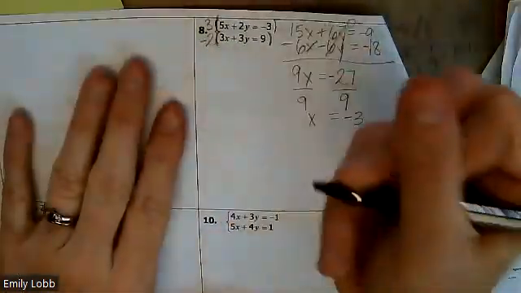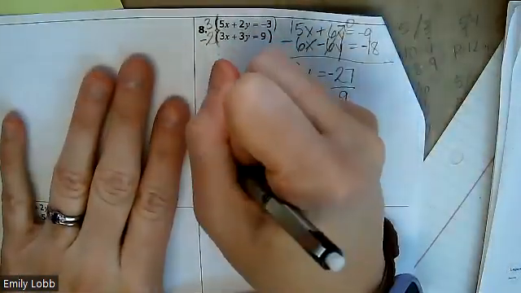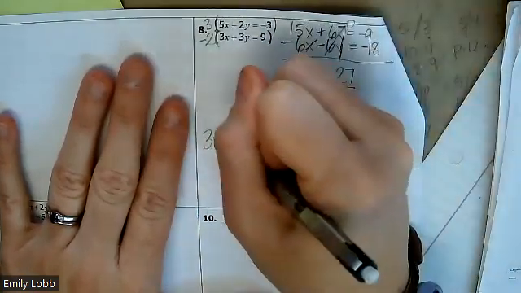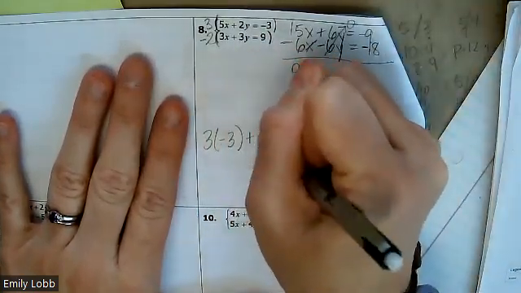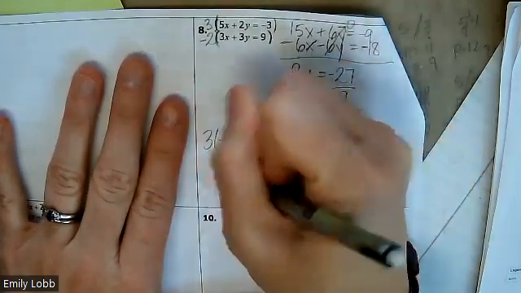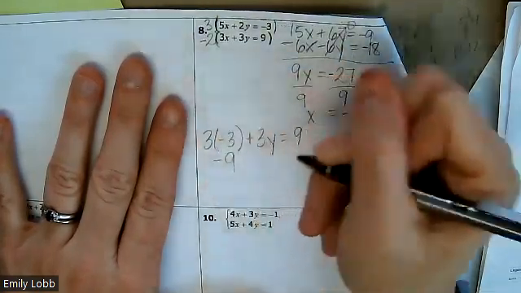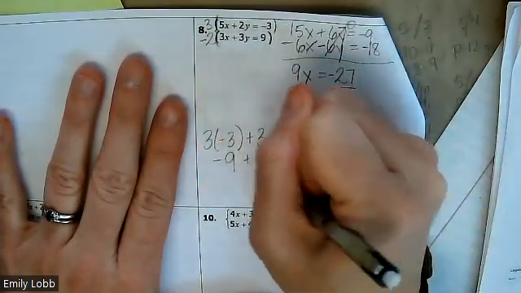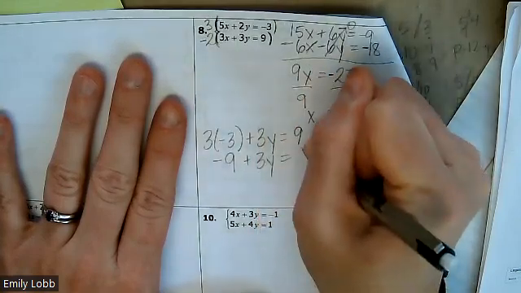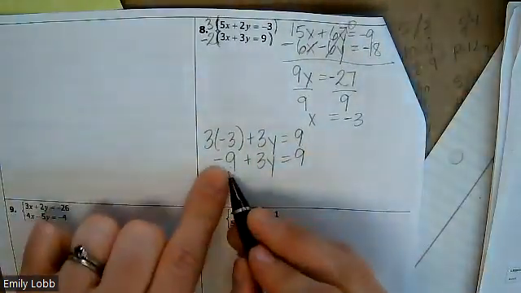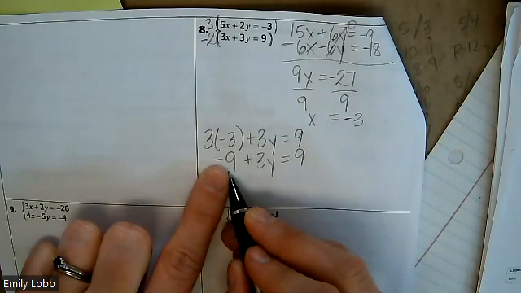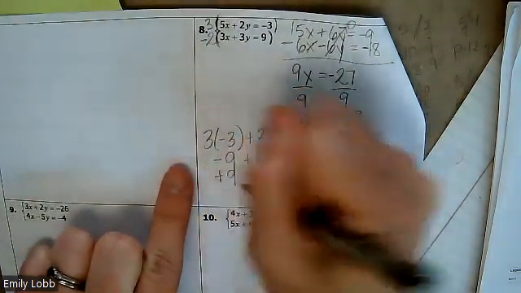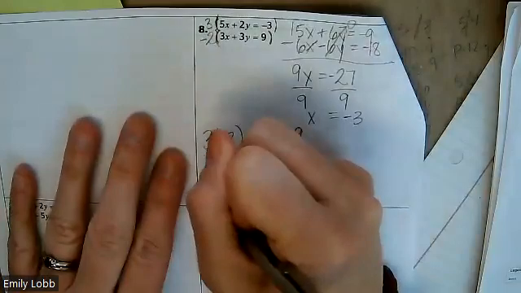I like the bottom. I don't know. It doesn't really matter which you choose, but 3 times -3 plus 3y is equal to 9. Guess what's gonna happen? It's going to be a nice one. So I have to take the opposite of this constant to get rid of it. So I'm really adding 9 to both sides.